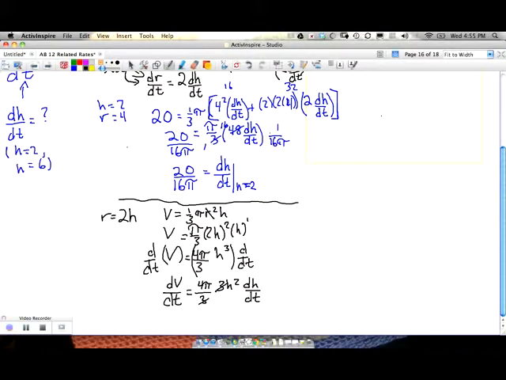And then the h squared, let's say that I wanted to simplify this a little bit. I can multiply both sides by 1 over h squared. And then that tells me that dh dt is equal to dv dt times 1 over h squared.